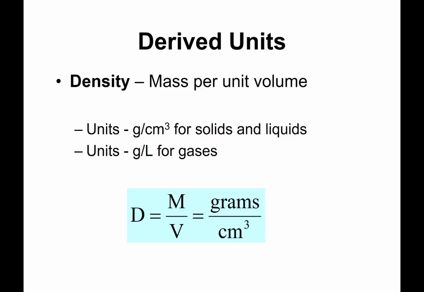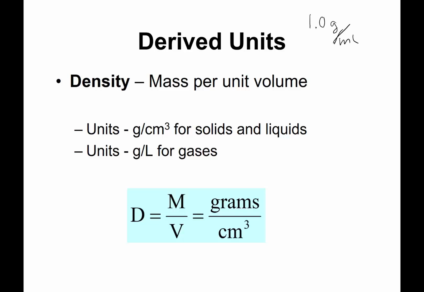So it's independent of quantity. And it turns out that water has a density of 1.0000000 grams per milliliter. Okay? And that is also why we know that 1 milliliter is equal to 1 cubic centimeter of water. Okay? So you can convert milliliters to grams very easily if it is water.